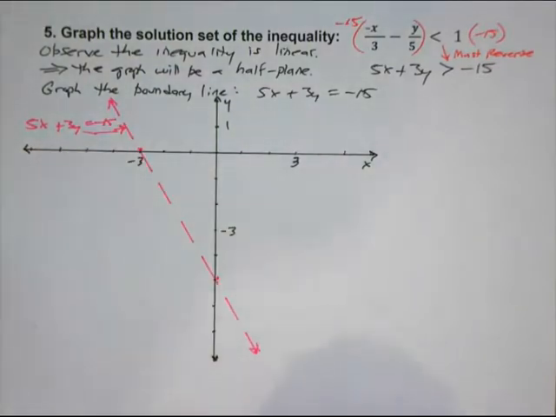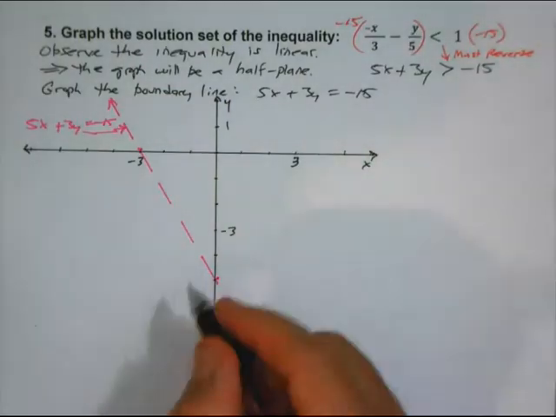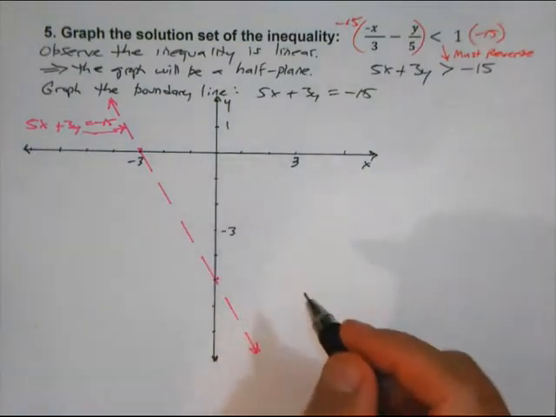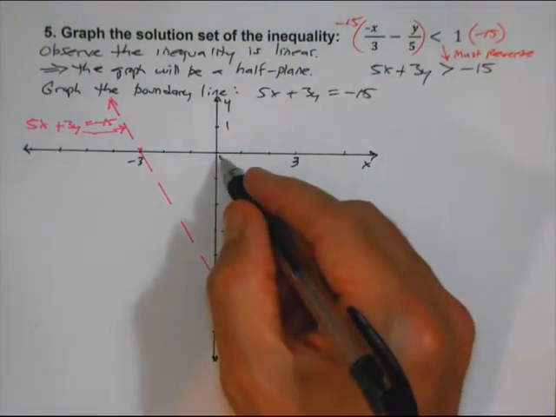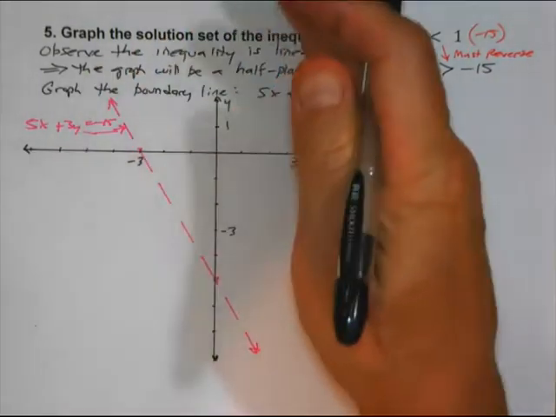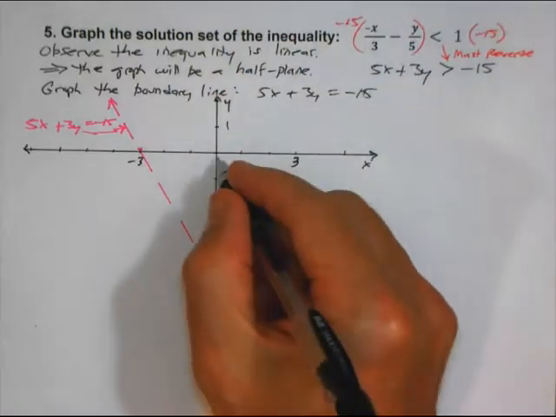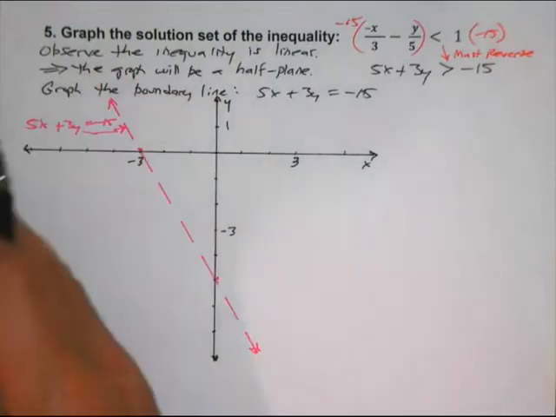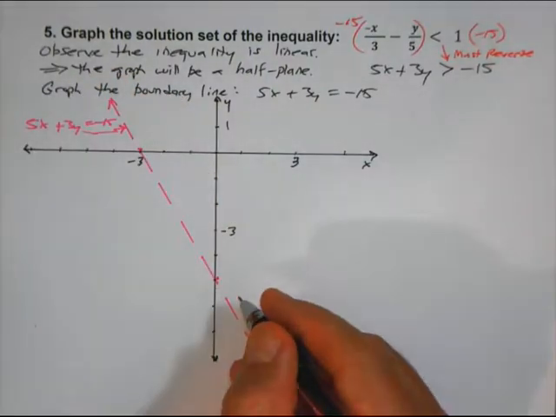That's there. Now, the issue of shading, what to do here. We know it's a half plane, so what we can do is test a point such as (0, 0) and see if (0, 0) is a solution or not. If (0, 0) is a solution, that tells us the half plane is on the (0, 0) side of the line. If (0, 0) fails to be a solution, that means it's the other side of the line that is the solution set region.